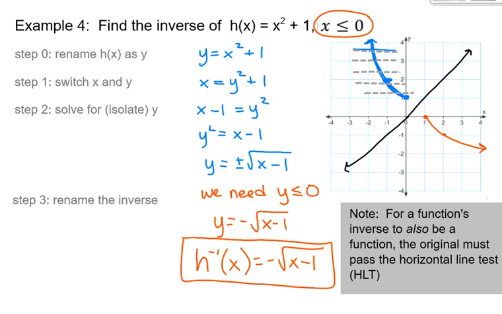Well, then when you find the inverse, you're going to take all those horizontal lines and flip them into vertical lines. It will pass the vertical line test, the inverse will, if the original passed the horizontal line test. A function that passes the horizontal line test is known as a one-to-one function. A little bonus information for you there.